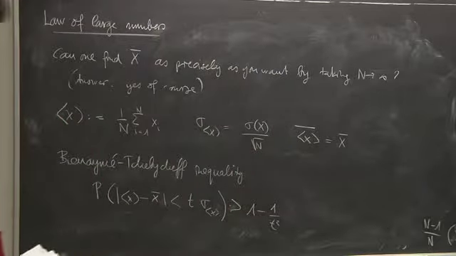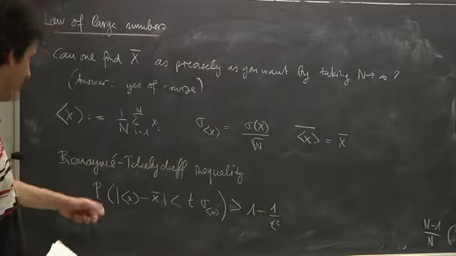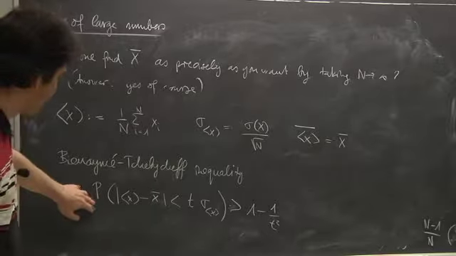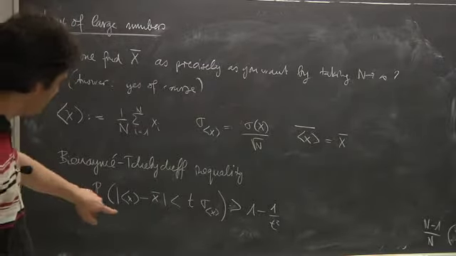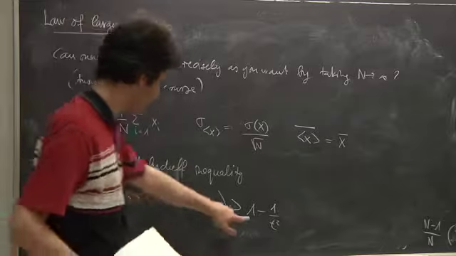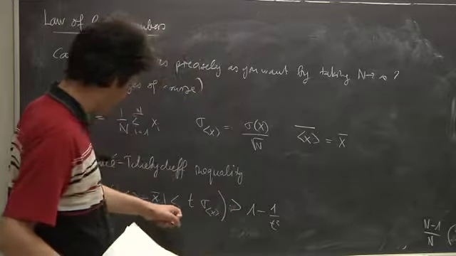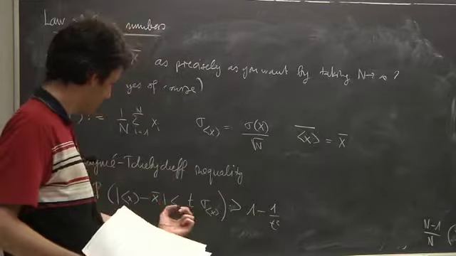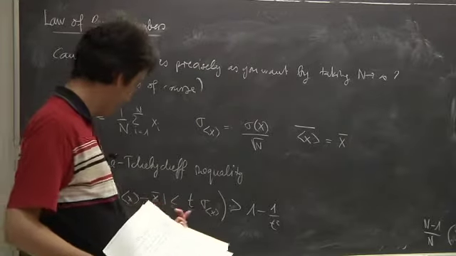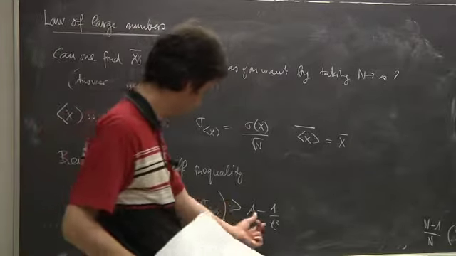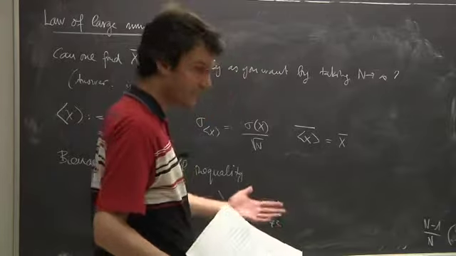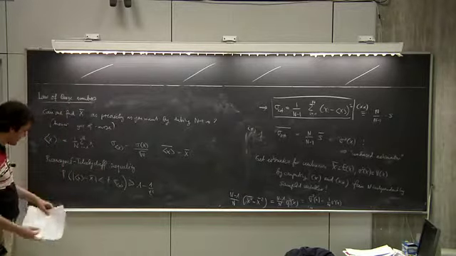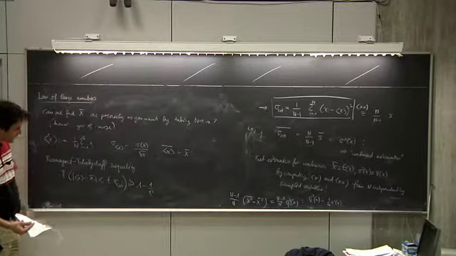What is the statement of this? It tells you that the probability that you're very close to the average is almost 1. The larger you make this distance, the larger the fluctuations you still allow, the smaller is the distance to 1. So the more likely you're going to hit this interval.